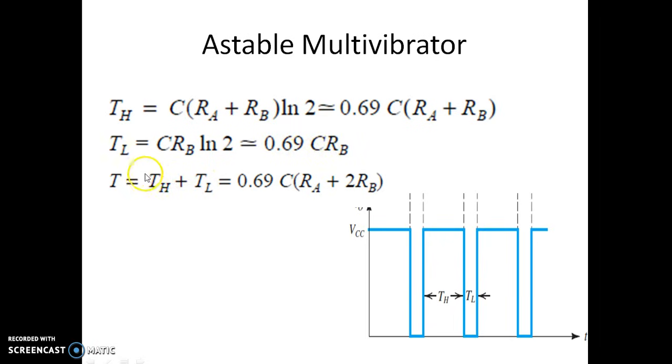So the total time of the entire high and low is given by 0.69 into C multiplied by (RA plus 2RB). These are the equations which will specify the on and off time of the output voltage.